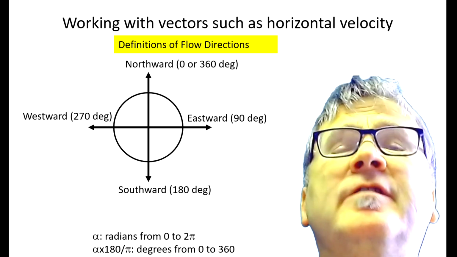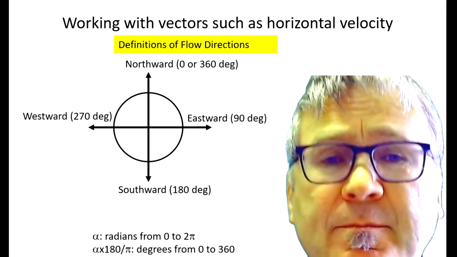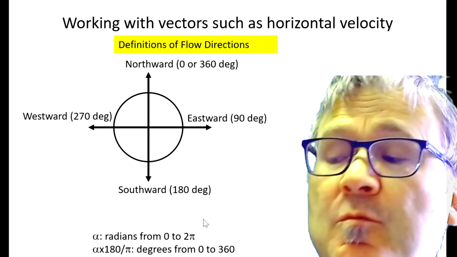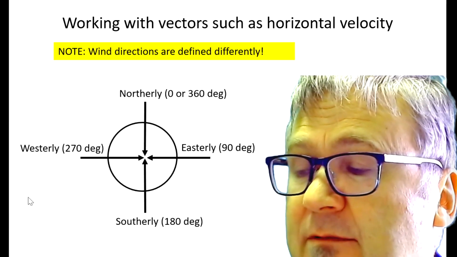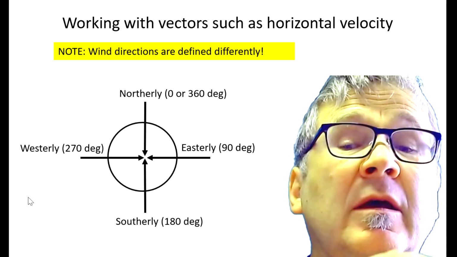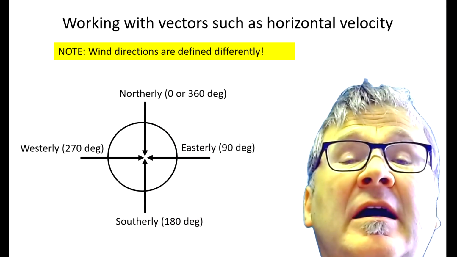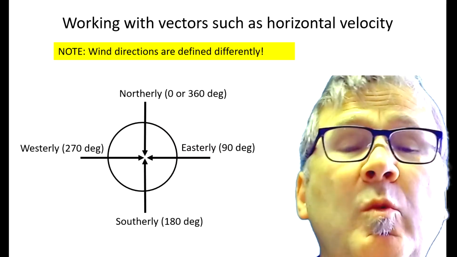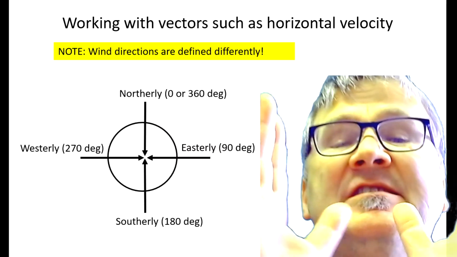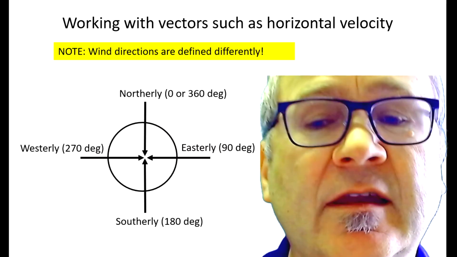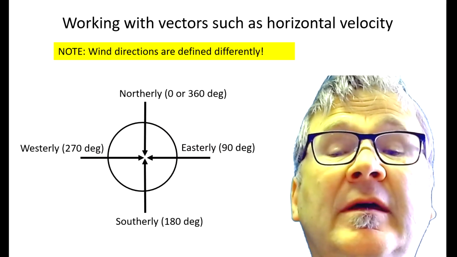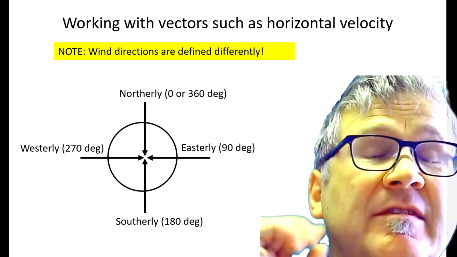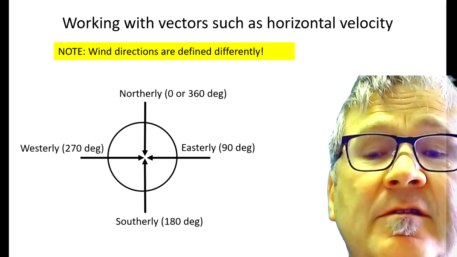It's totally different for winds, atmospheric winds. Horizontal winds are defined in a different way, and this is shown here on the next slide. Wind directions are defined the other way around. Where does the wind come from? So usually 0 refers to wind that comes from the north. 90 degrees refers to winds that come from the east, and the wording is also different.